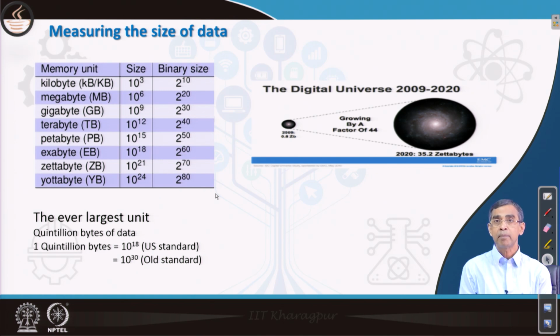That means a huge explosion of data is taking place, and as per the prediction, by the year 2020 the amount of data that the digital world should hold is around 35.2 zettabytes.